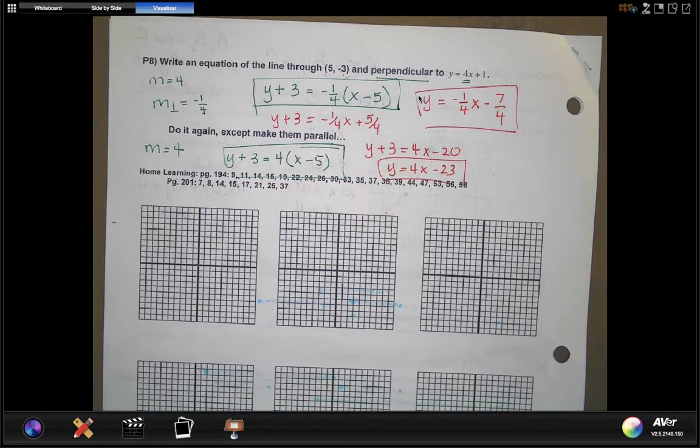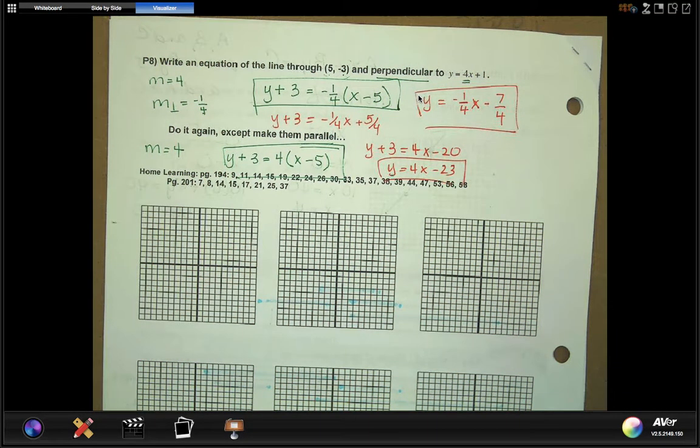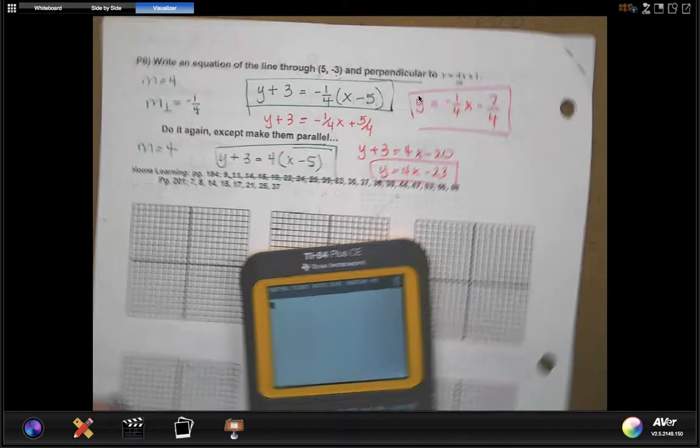Let me grab a calculator and just show you what these look like on the calculator. Just wanted to show you what the graph of these lines look like.